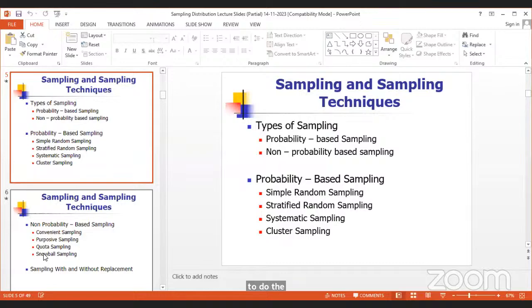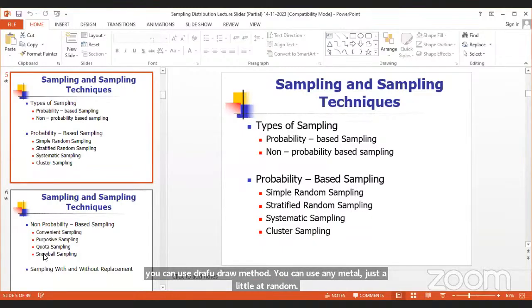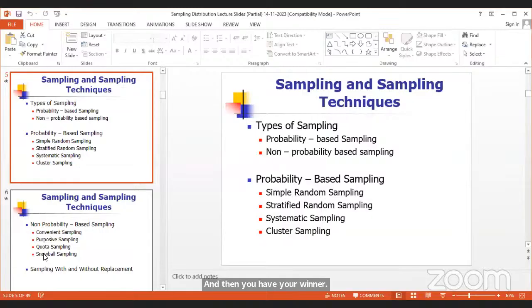As long as you have a list of all entries, you can use a raffle draw method, you can use any method, just select at random, and then you have your winner. So simple in terms of application, simple in terms of implementation. Even the cost can be very easy.